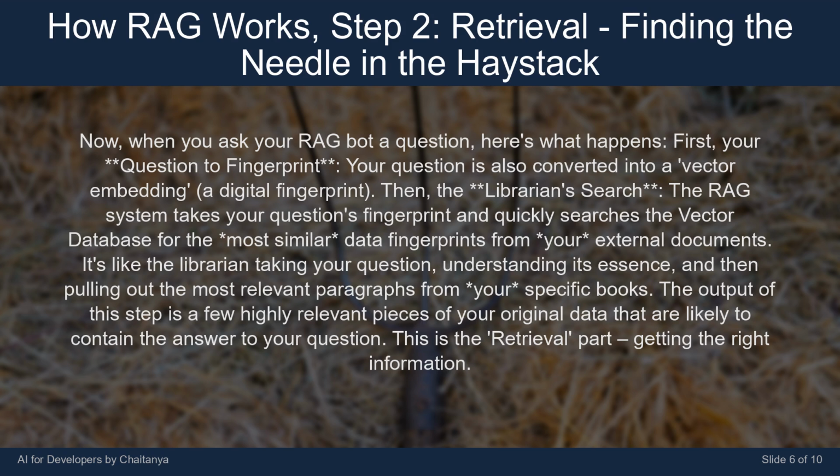It's like the librarian taking your question, understanding its essence, and then pulling out the most relevant paragraphs from your specific books. The output of this step is a few highly relevant pieces of your original data that are likely to contain the answer to your question. This is the retrieval part, getting the right information.